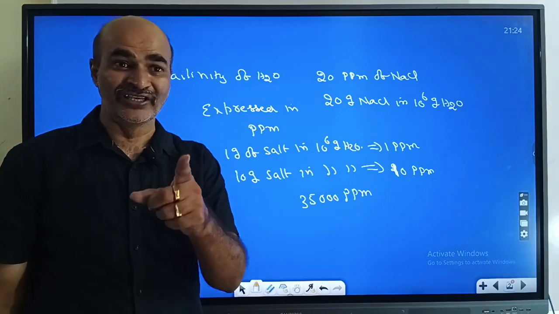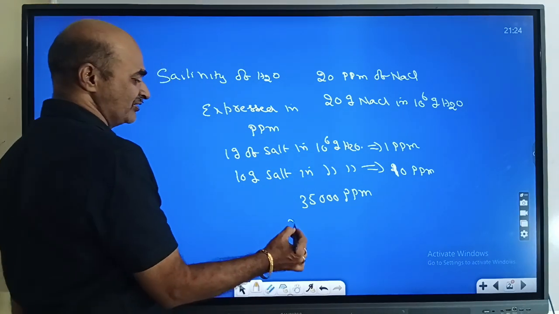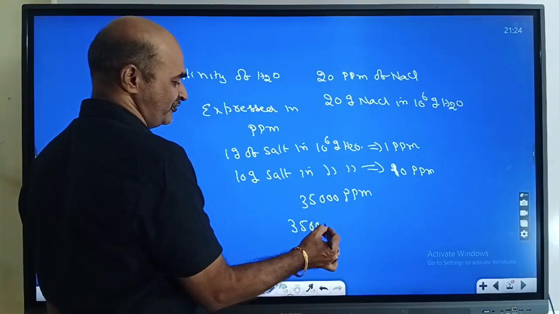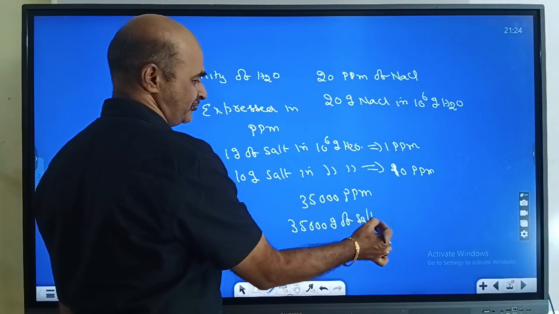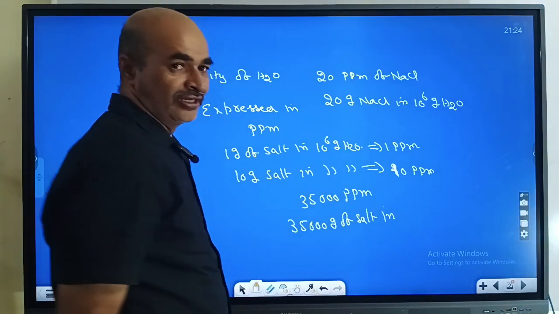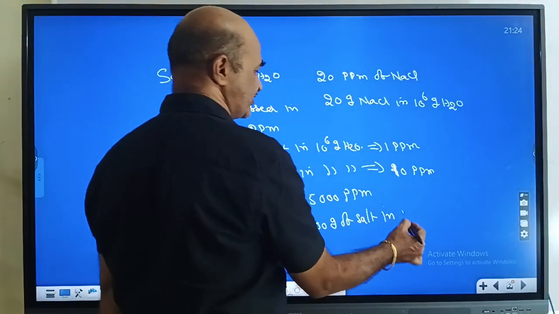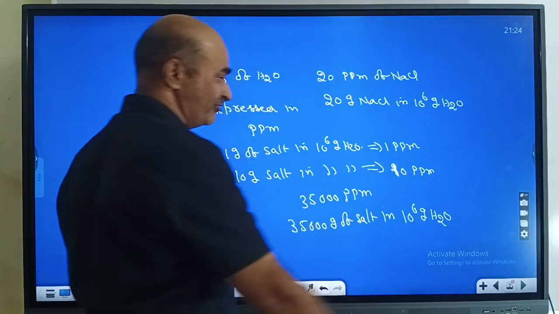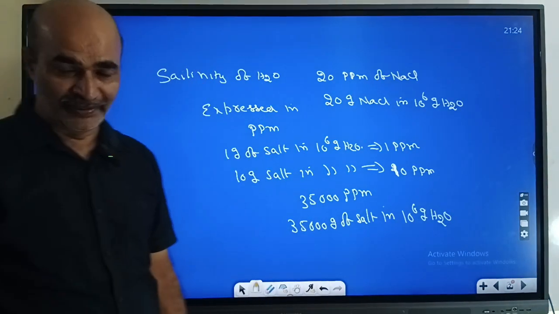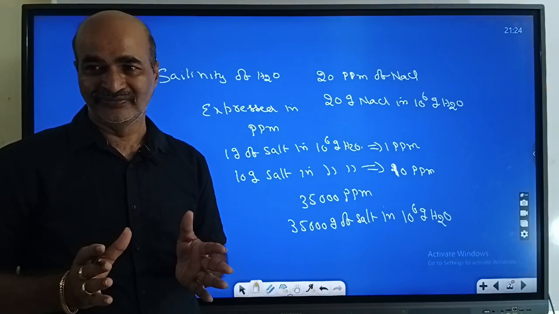It means 35,000 grams of salt in 10 to the power of 6 grams of water. This is ppm.